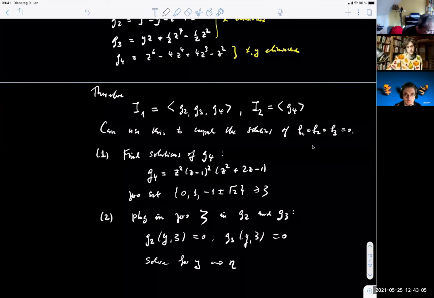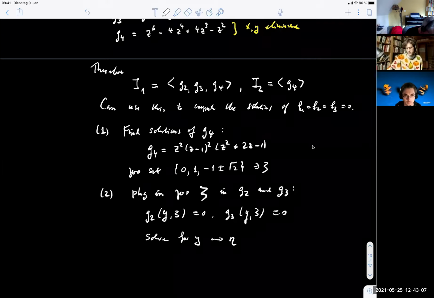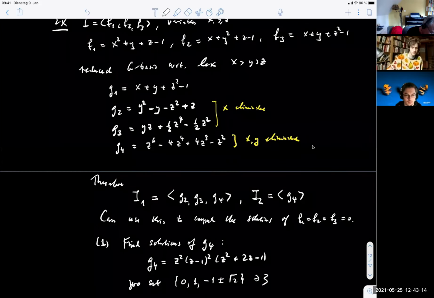Then I have it. And then in the third step, I plug in the eta. Here I plug in the zeta, and here I plug in the eta, and then I solve for x.